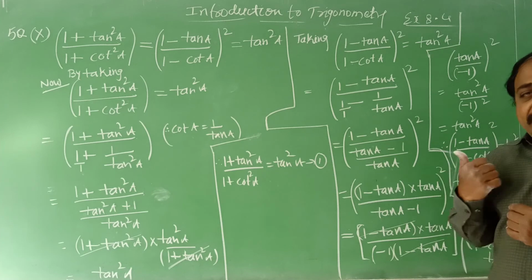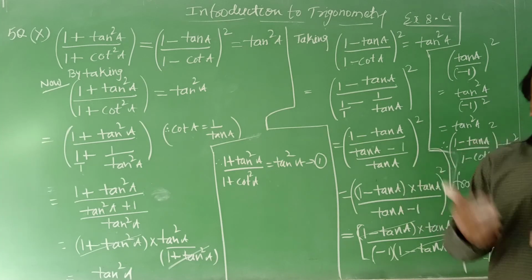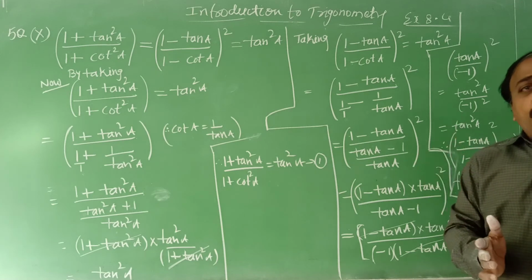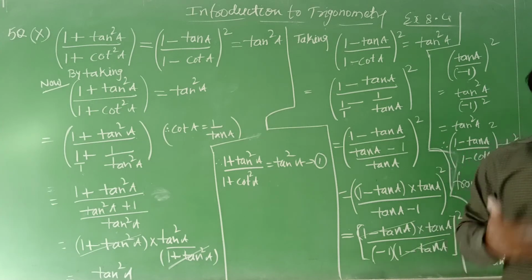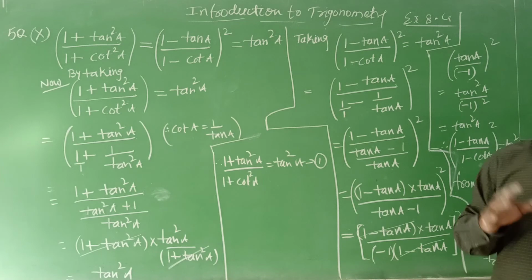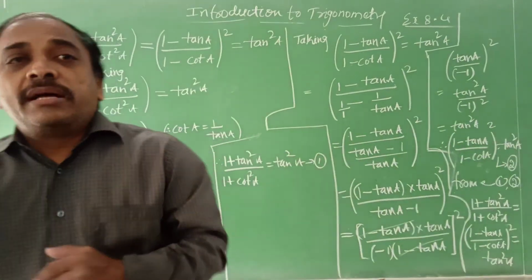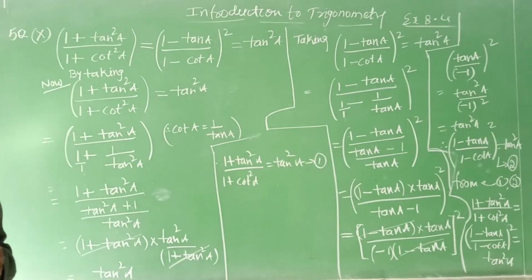These are the trigonometric ratios, with respect to one acute angle.